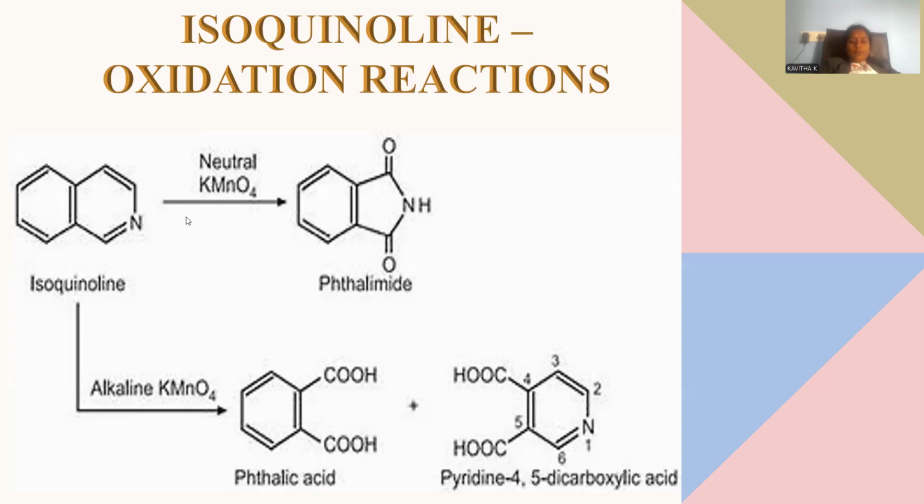And there is another possibility, wherein the benzene ring is totally destroyed, totally oxidized, giving rise to the linkage positions as carboxylic acids, which is said to be pyridine 4,5-dicarboxylic acid. This is the way a mixture of two products, two probabilities, is possible by the fused ring system. Benzene will go with oxidation, pyridine will go with oxidation as well. This is the way a mixture of products will be accomplished by alkaline permanganate oxidation. Neutral permanganate oxidation will give rise to the ring contraction process. These are said to be oxidation reactions of the isoquinoline molecule.